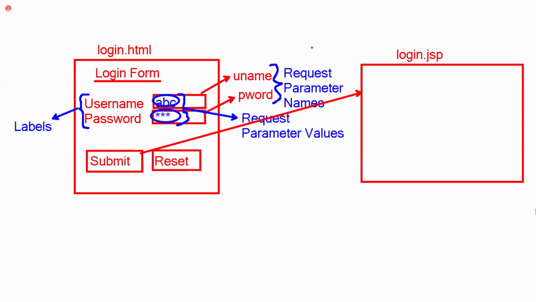How will we retrieve this ABC? What will we write here? String s equal to request dot getParameter uname. In which element will we write that line? Scriptlet. But to replace scriptlet, JSTL is required.